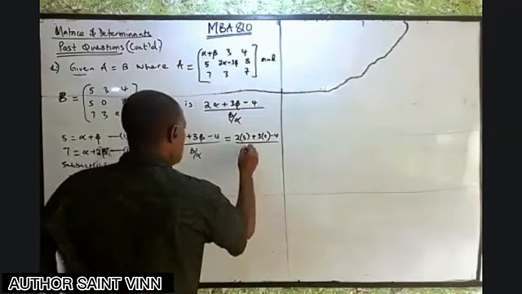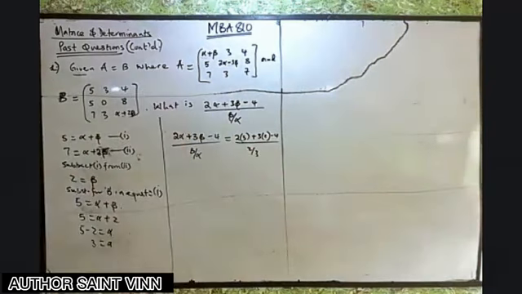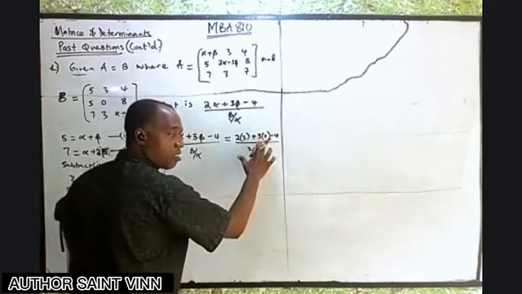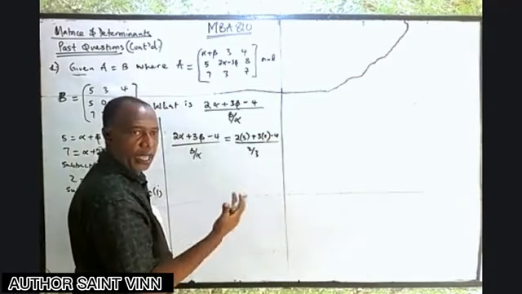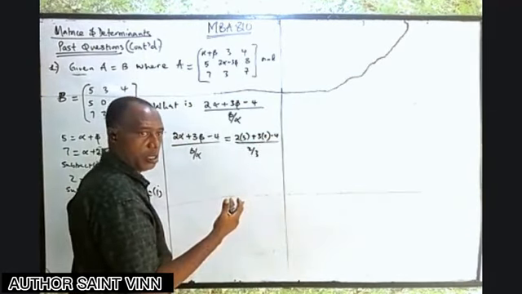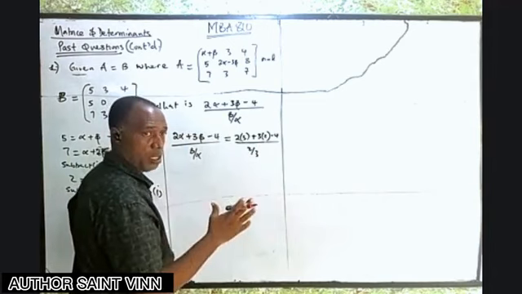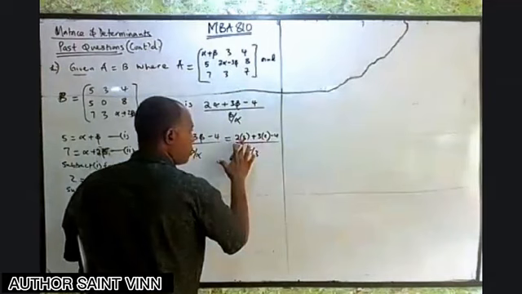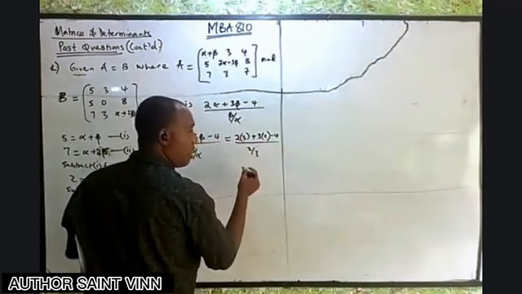Is it clear? So this is just a simple fraction. This 6, this 6. That should be 10? 8, are you sure? This 6.